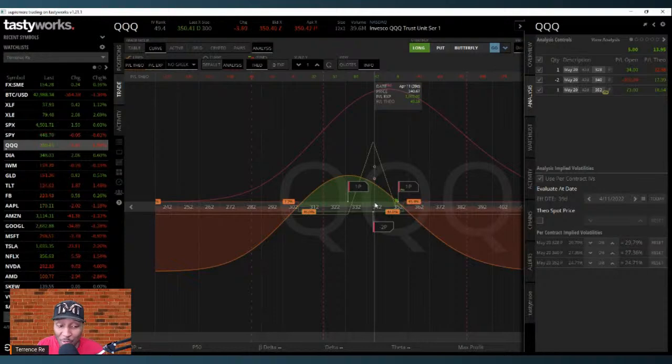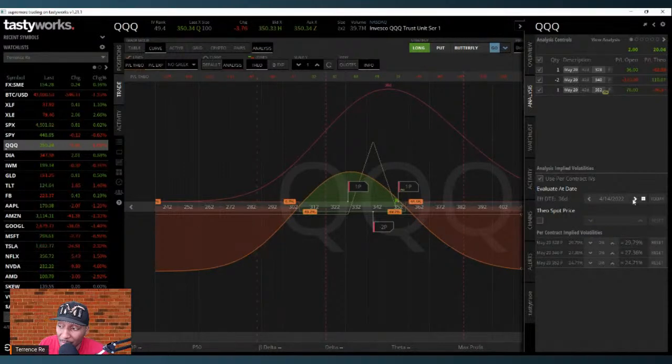That's not the goal though, because I would probably have to hold this for 42 days. Now let's go out to next Friday, all the way out to April 15th, and if it goes down to 340 by April 15th, that's $57 just in a week. Do you guys see?